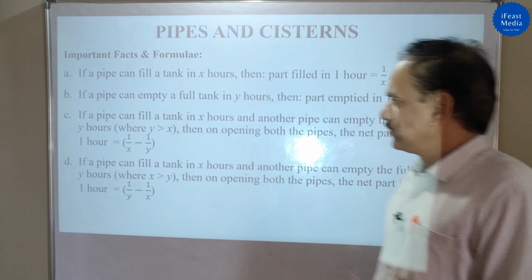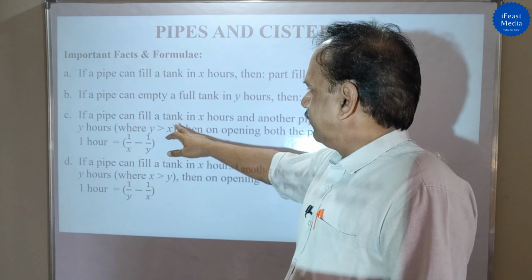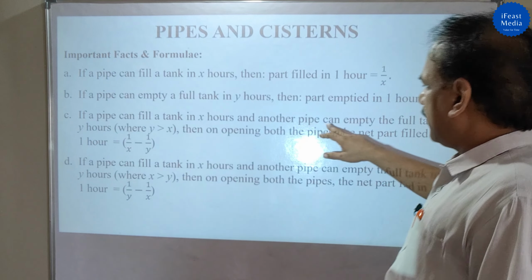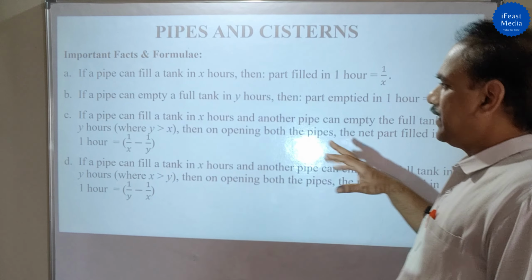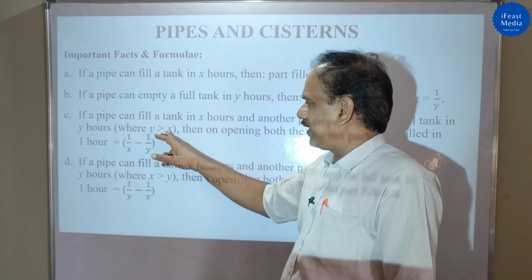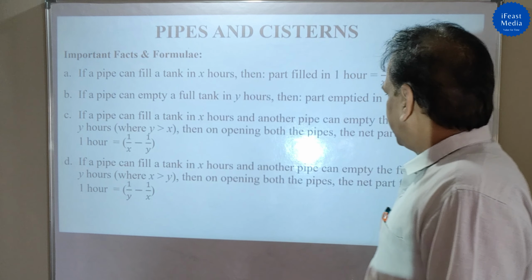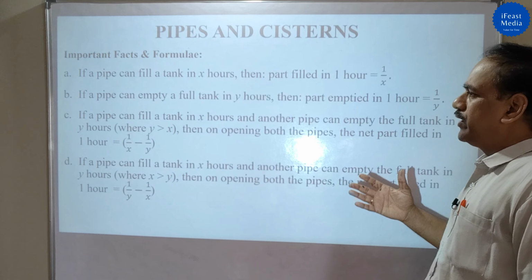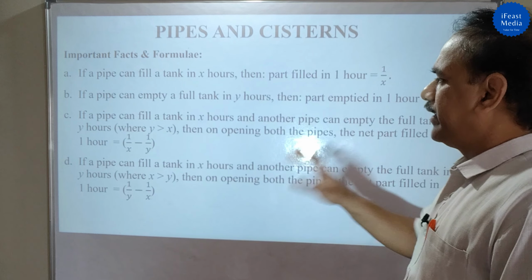the tank. If a pipe can fill a tank in X number of hours and another pipe can empty the full tank in Y number of hours, then here see Y is greater than X. That means it takes more time to empty the tank than filling it.